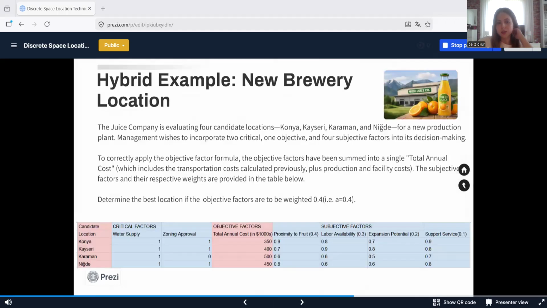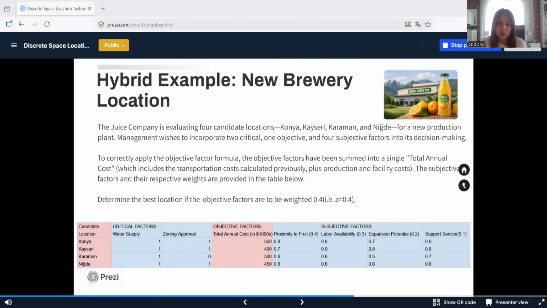Let's bring back our expanding juice company to see how this works. Management is now evaluating four candidate locations: Kayseri, Konya, Karaman, and Niğde. They want to combine two critical factors, one objective factor, which is our total annual cost, and four subjective factors.